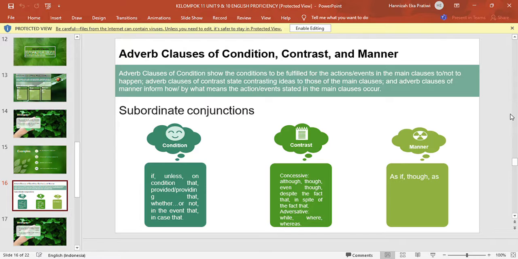Contrast includes although, though, even though, despite the fact that, in spite of the fact that, and then adversative while, and then whereas. Manner includes as if, as though, and as.